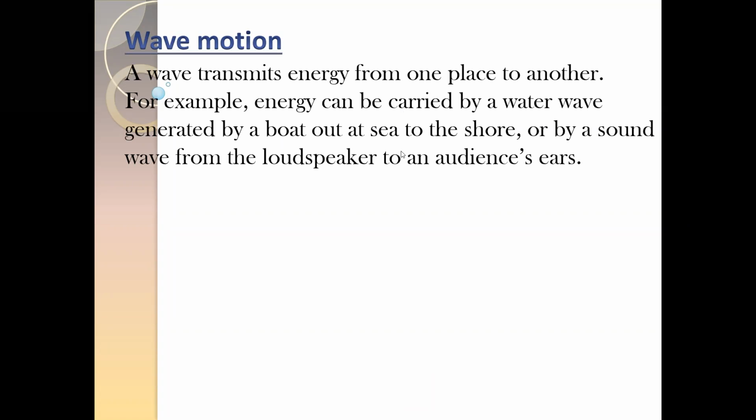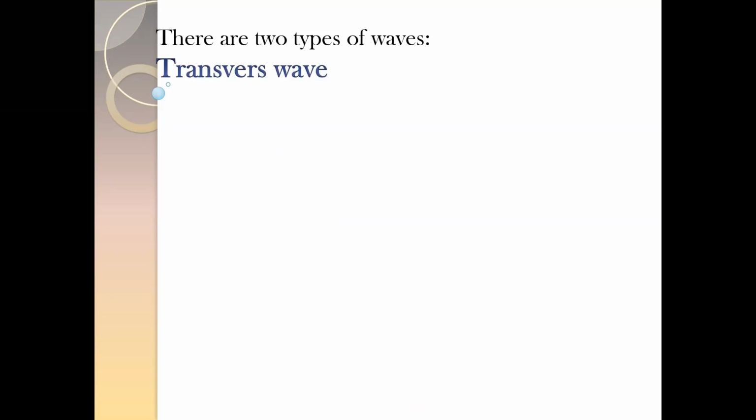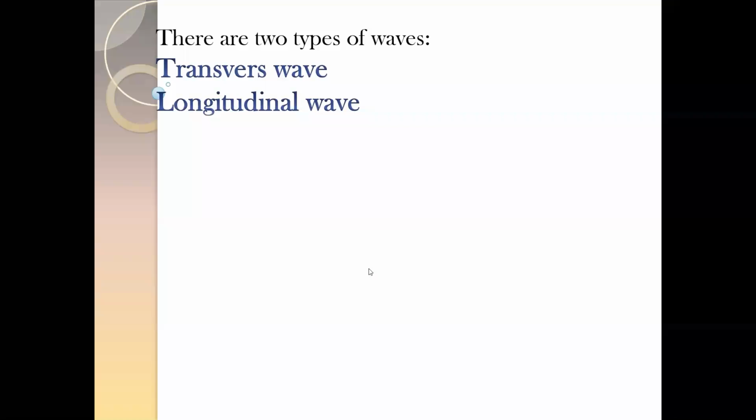The first thing you should understand is that there are two types of waves. One is called a transverse wave, another one is a longitudinal wave. What is the difference between the two types of waves?